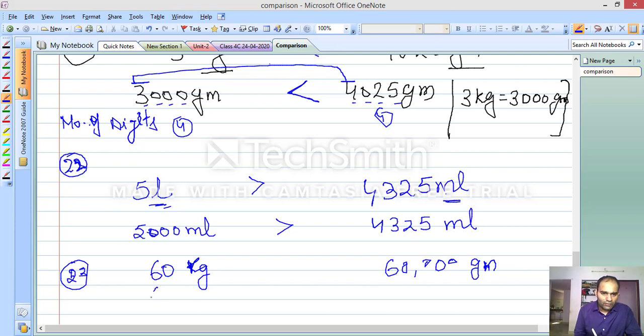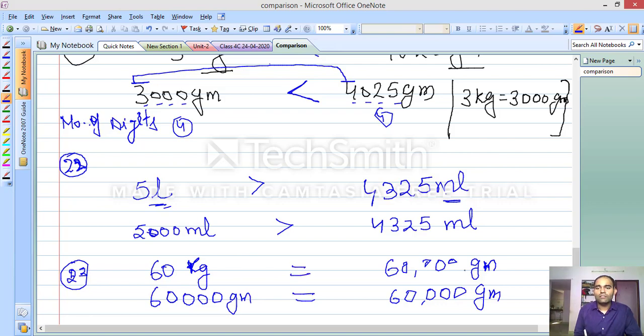So what we need to do is add 3 zeros: 1 2 3. Here is the same digit. What do you see? Both the numbers are the same, which means 60 kilogram is equal to 60,000 gram. Now you understand how to compare the units.